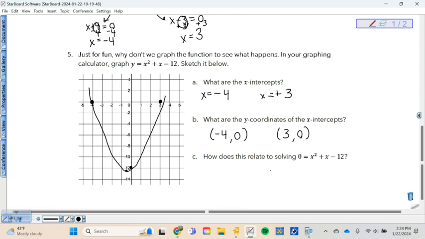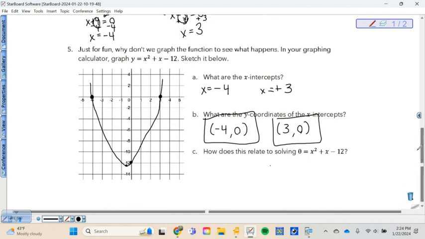Don't worry too much about that. But how do those two x-intercepts relate to what we did in number 4? How is that related?